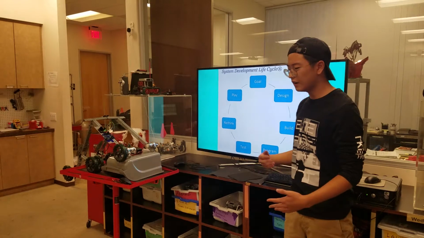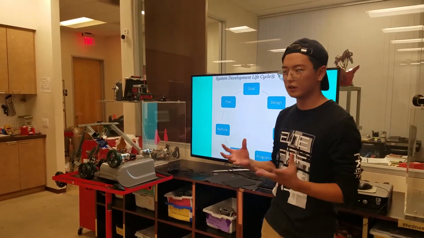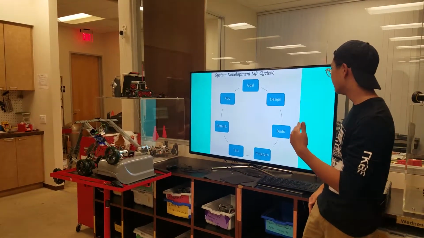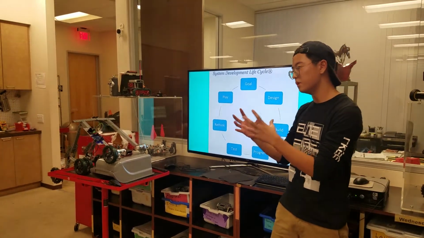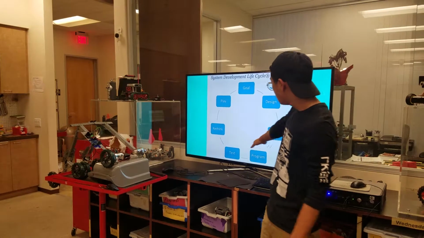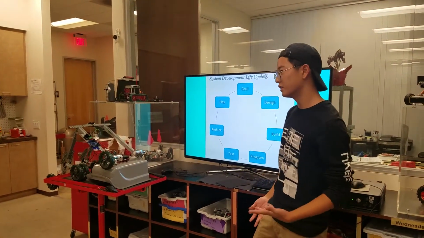Basically this lifecycle is used by many engineers to help them think through their process. There's a goal which they have in mind, and they have a design based off of the goal. After that, they can build off of the design, program, test it, and then you go to rethink, which is the most important stage. What could have been improved upon in this process?